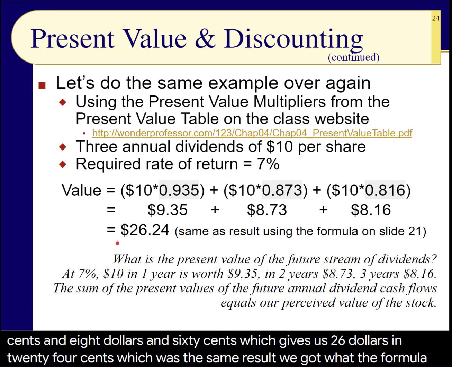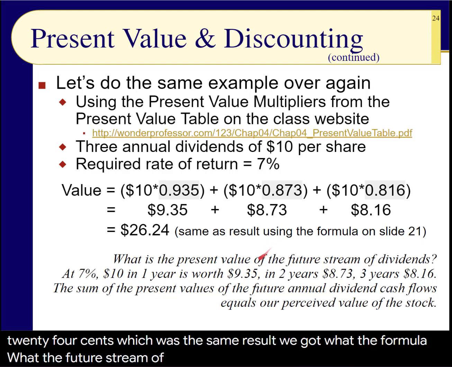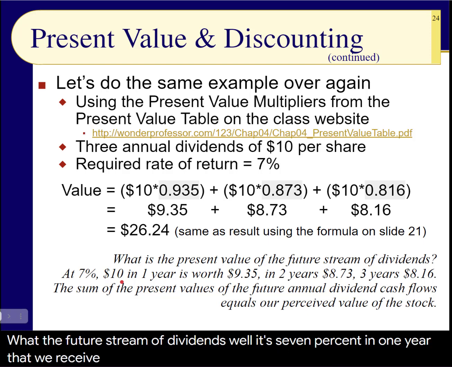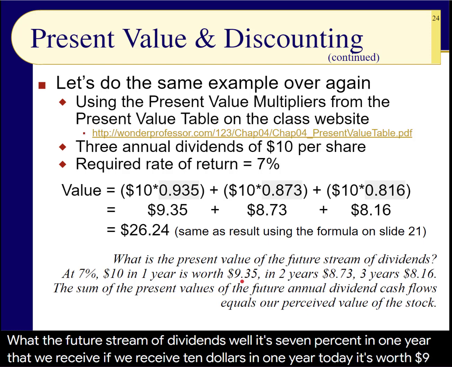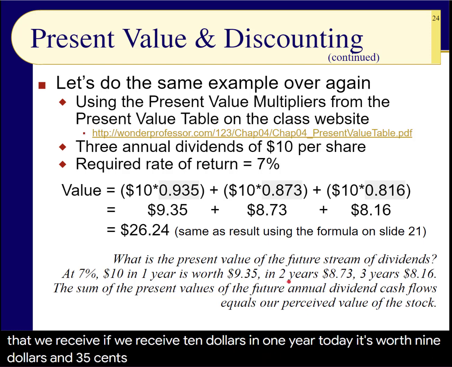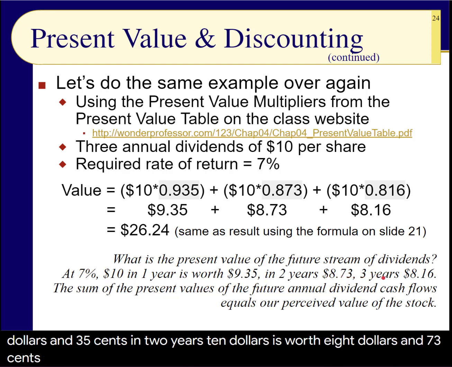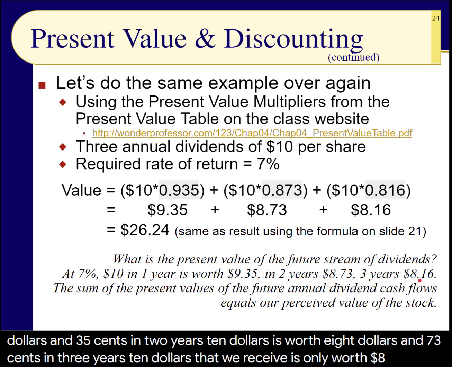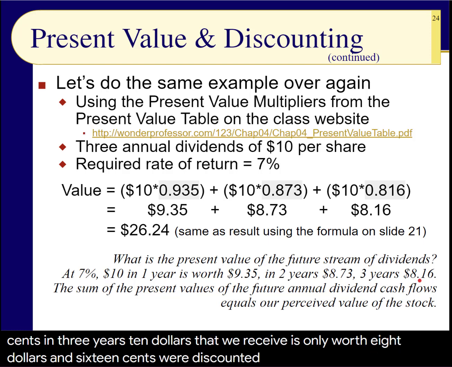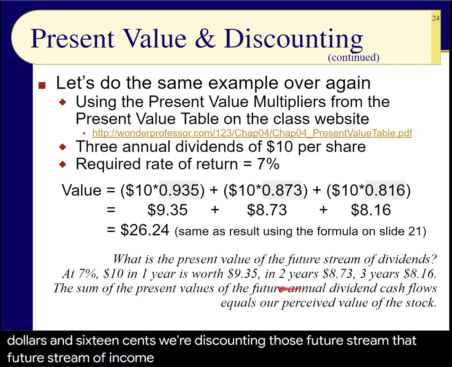What is the present value of the future stream of dividends? Well, at 7%, if we receive $10 in 1 year, today it's worth $9.35. In 2 years, $10 is worth $8.73. In 3 years, the $10 that we receive is only worth $8.16. We're discounting that future stream of income.